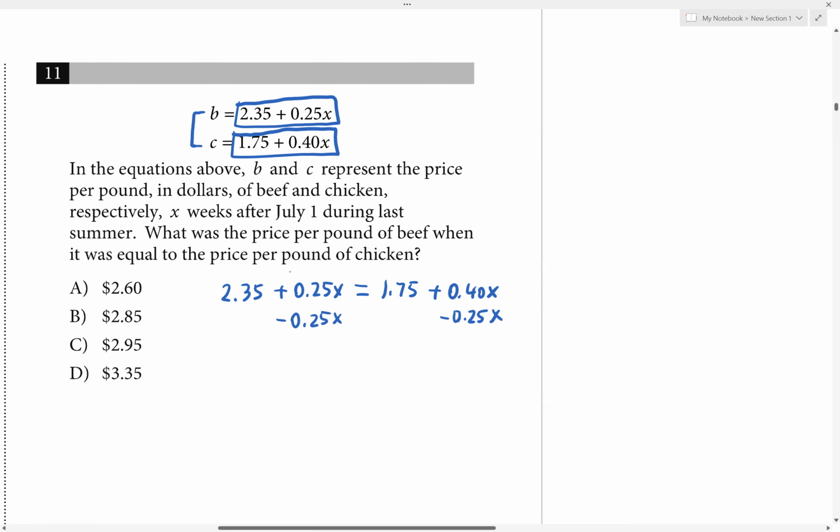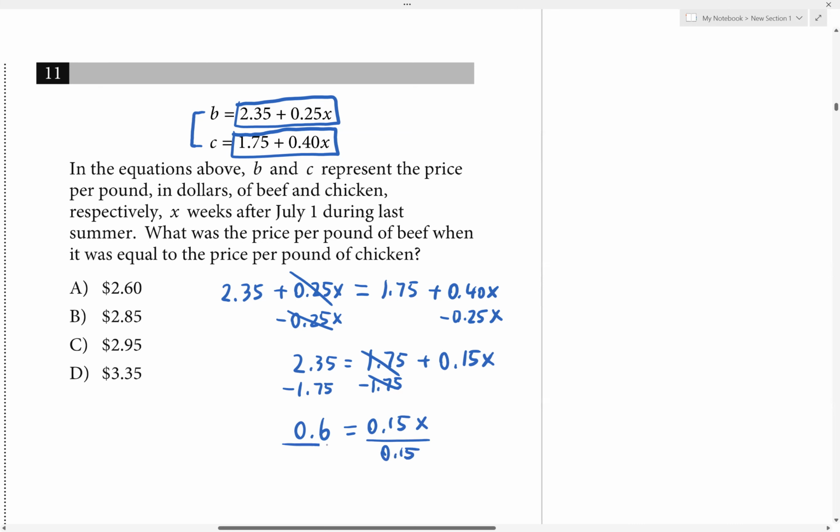That will cancel out and we get 2.35 equal to 1.75 plus 0.4 minus 0.25, which is 0.15x. Then we can do minus 1.75 on both sides. That's a little bit tricky, but we should get 0.6. So 0.6 equals 0.15x. To solve for x, I have to divide by 0.15 on both sides.